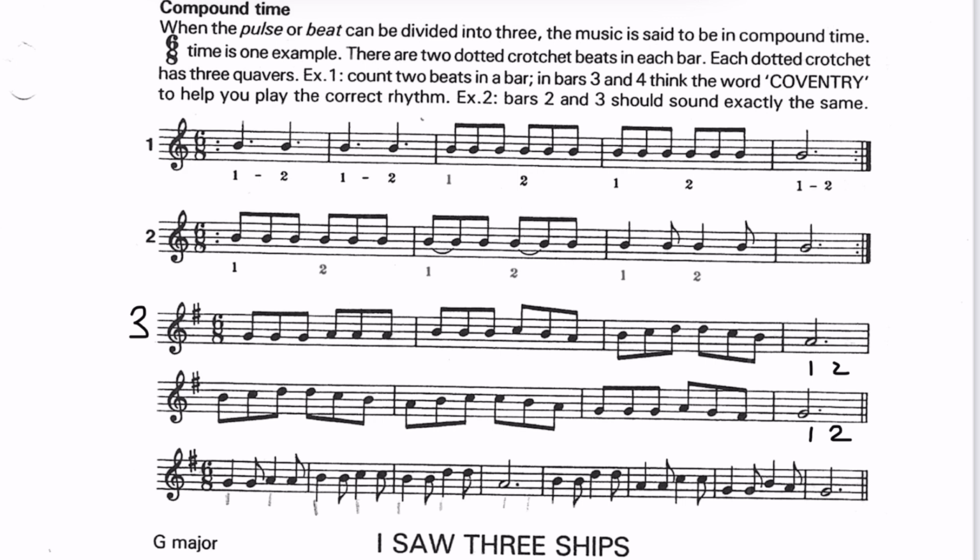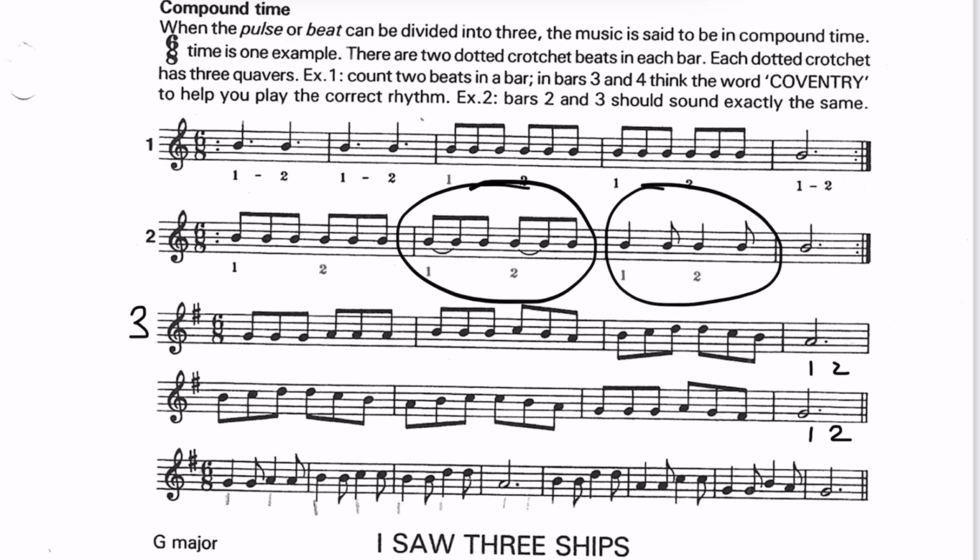And I just want to make sure that it's really clear that these two measures are going to sound exactly the same, because a tied eighth note, if it's the same note, equals a quarter note. It's just a little easier to see the subdivisions when it's written as a tied eighth note.